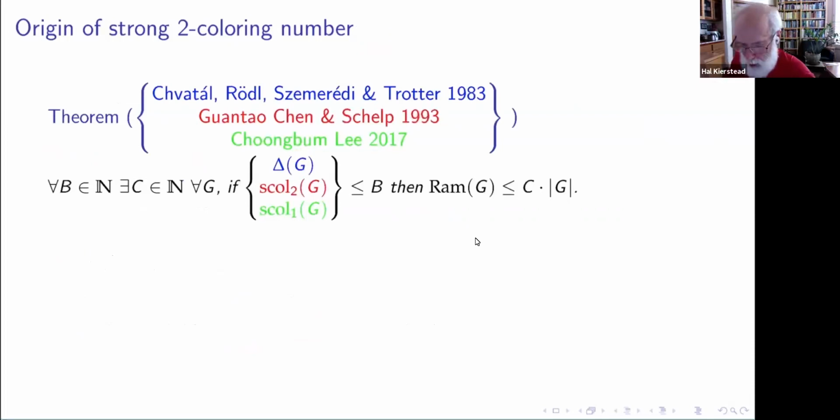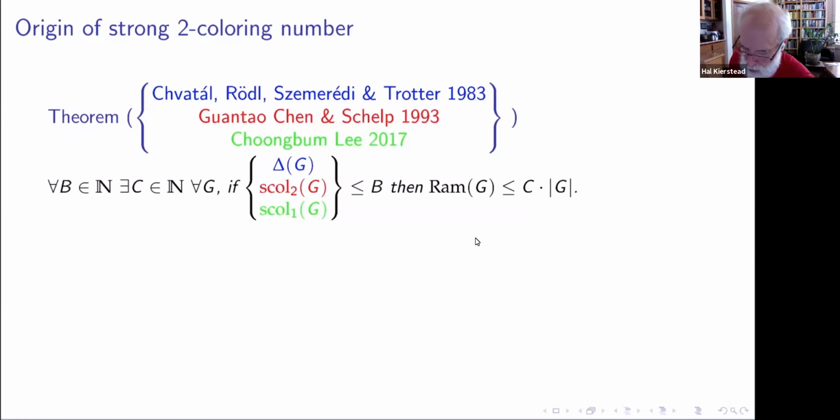Now, instead of easy little examples, I want to talk about the origins. They come from a paper of Chen and Schelp, who showed that Ramsey numbers are linear under certain circumstances.